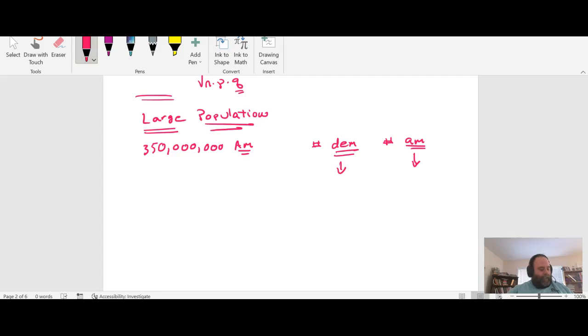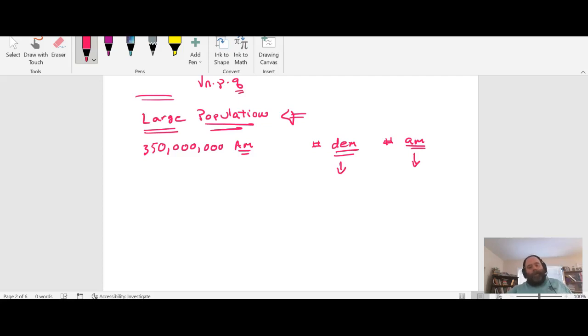But if you think about this, when I'm dealing with a large population, it's really not going to change by much. Like, 180 million out of 350 million is not going to change a whole lot from 179,999 million out of 349,999 million, right?